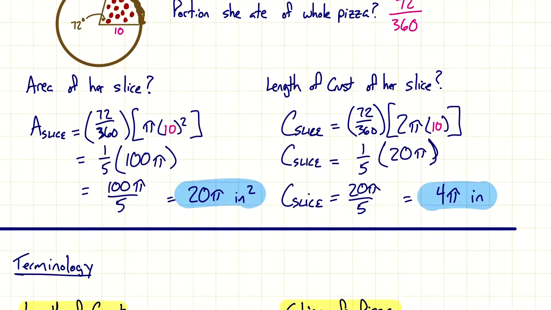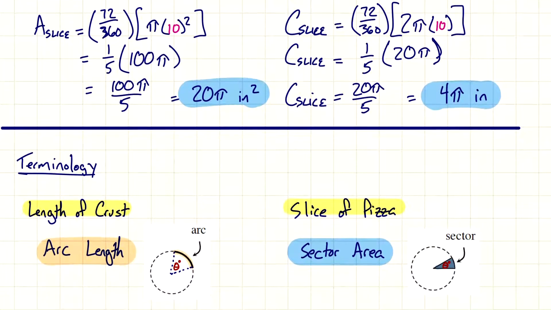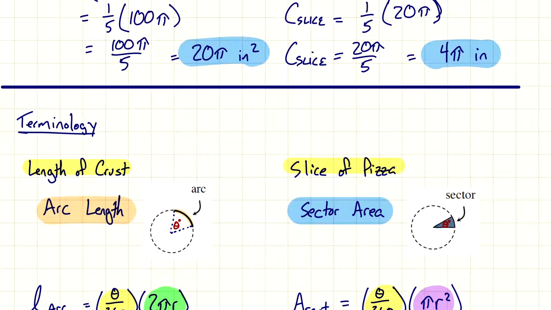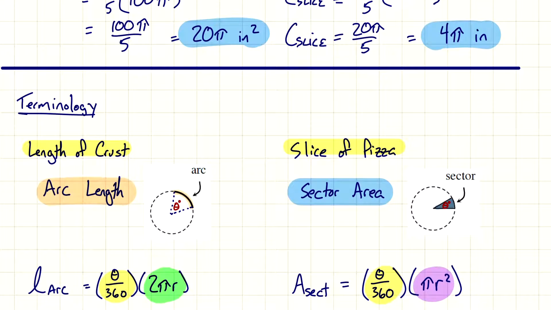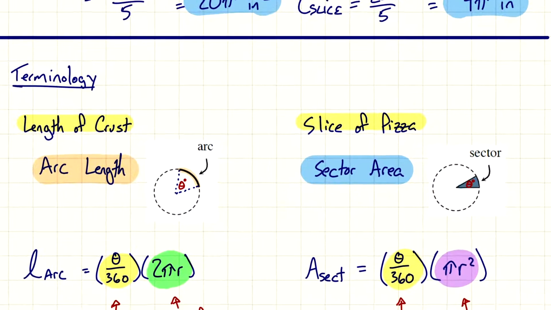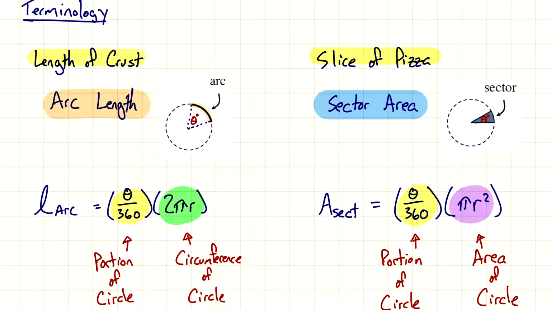So now that we kind of have an idea of how to do this, let me give you some proper terminology. So even though understanding it using pizzas is cool, you should know the proper names. When we talk about length of crust, what we're really talking about is arc length. So if I ask you to find the length of the arc, then I'm asking you to find the length of the crust.